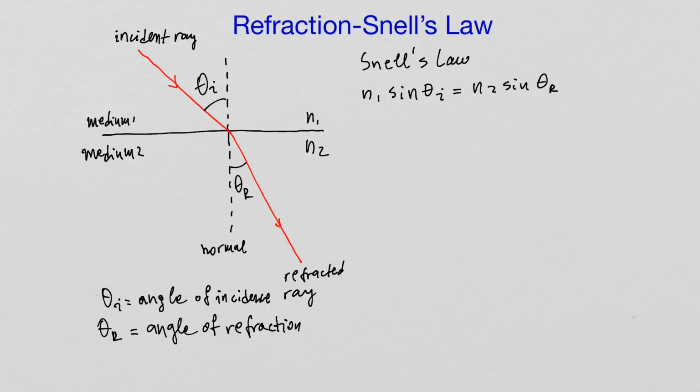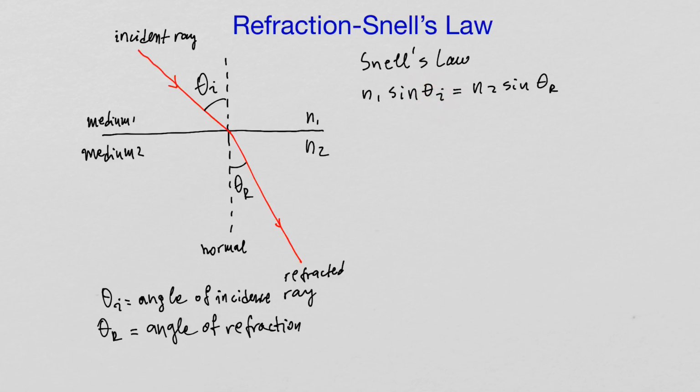Snell's law states that the product of the index of refraction of medium 1 times the sine of the angle of incidence is equal to the product of the index of refraction of medium 2 times the sine of the angle of refraction. And so the sine function is a function that's available with any scientific calculator. And so you can calculate sine of any angle as long as this angle is converted into degrees.